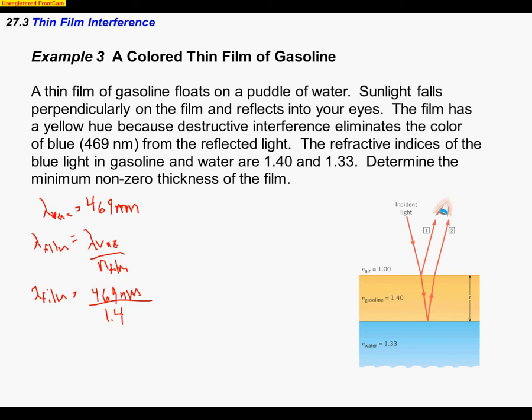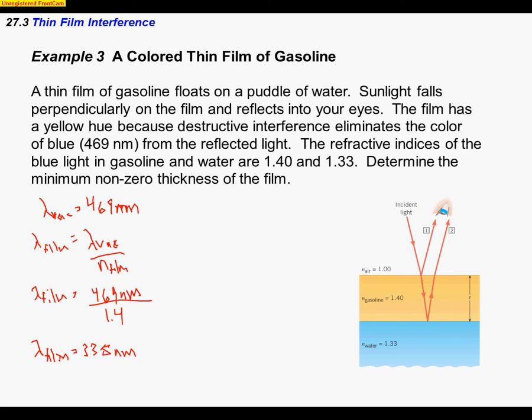Okay, so if you calculate that, that gives you 335 nanometers. So the wavelength in the film is 335 nanometers.